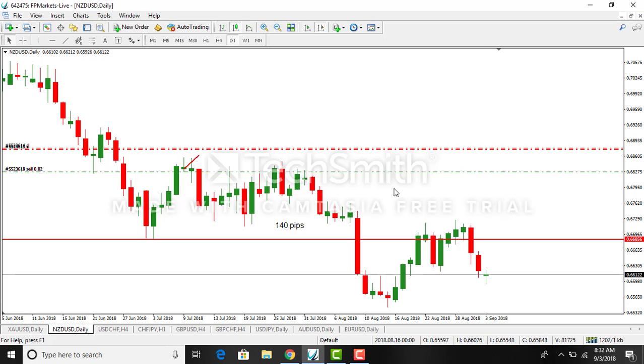So if I had 4 positions opened, I would have cleaned out 140 pips on 1, and I'm still positive with the other 3 positions.